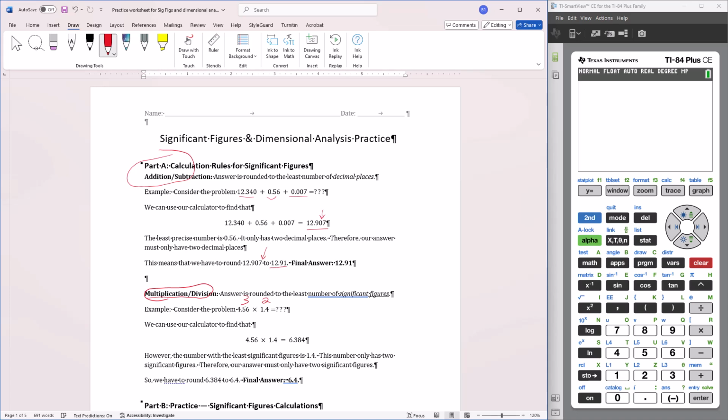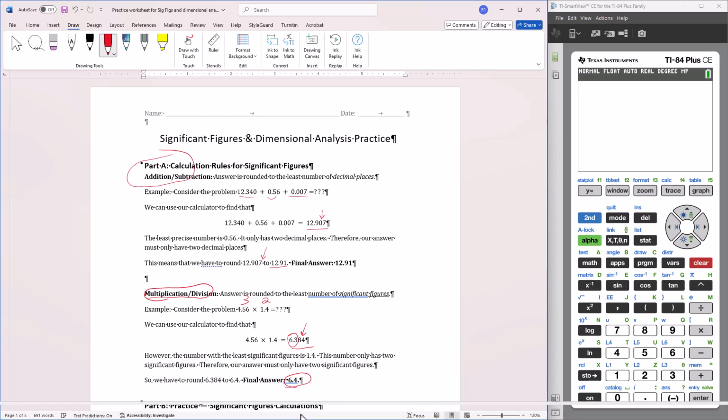If we actually entered this in our calculator, this is what we're going to get. However, once again, we need to round to 2 significant figures. These would be the 2. Now to do that, we are going to look at the third figure right here to determine how we're going to round. Since that is 5 or higher, we are going to round up, and that will give us our final answer of 6.4.